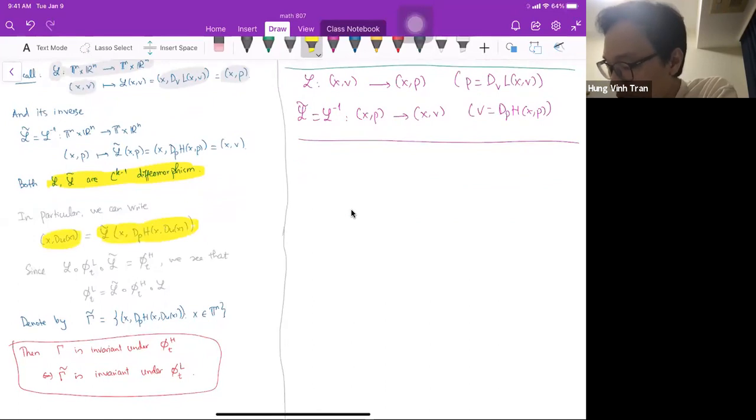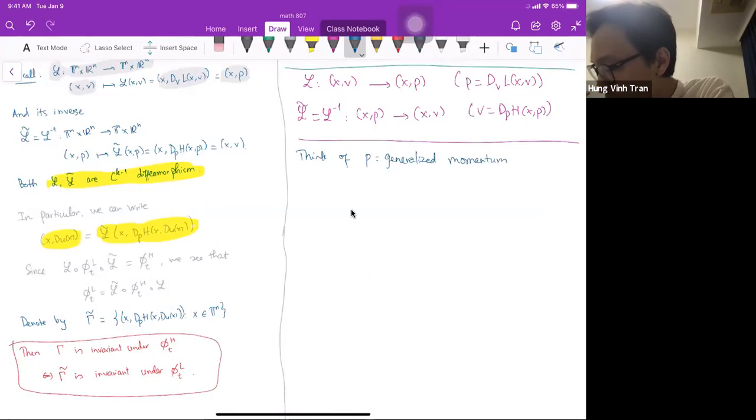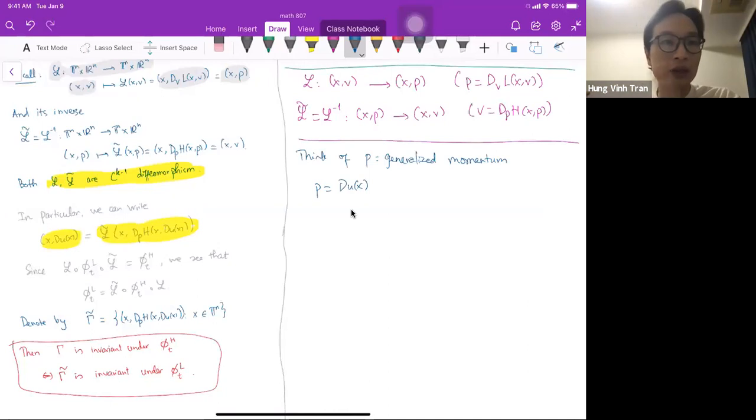So you should think of P, sorry, not gradient, the generalized momentum, as the gradient, and this is the universal point that should always be thought of.